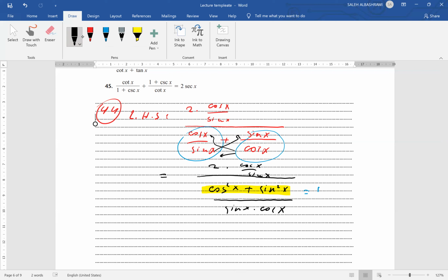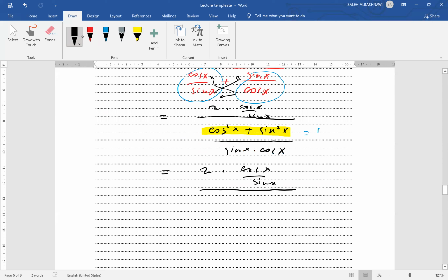So I can write it as 2 multiplied by cosine over sine x, all of this divided by 1 over, not minus, sine x cosine x.